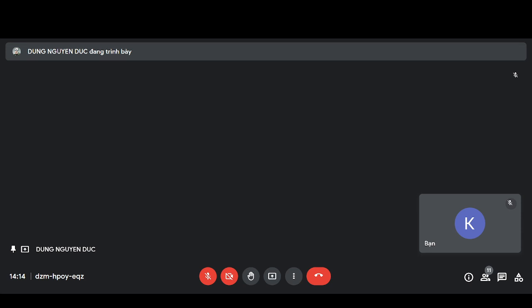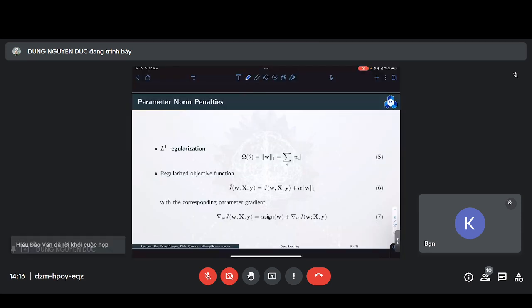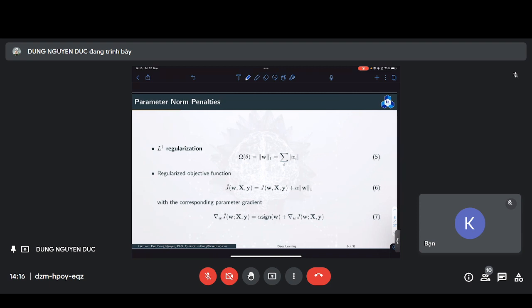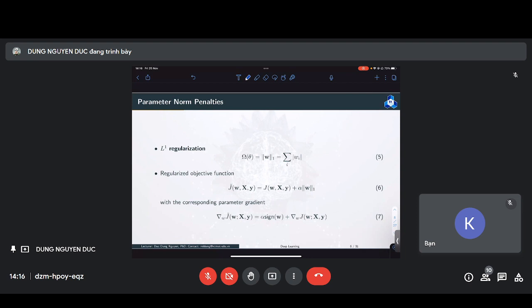Now, the L1 norm is a little bit different, as you can see. For the L1 norm, we have the sum of absolute values, and because of that, it's not easy to optimize because the derivative is discontinuous, and therefore it causes a bit of trouble, but not really, because we can still deal with it using the dual form or other functions.